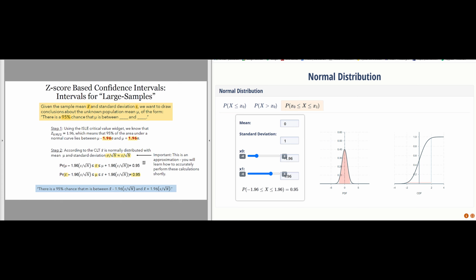But for the moment, just to follow through the whole process of computing confidence intervals, we're going to pretend that we can use the sample standard deviation as an approximation of the population standard deviation. And so this justifies us in concluding that there's a 95% chance that mu, the population mean, is within 1.96 standard deviations of the sample mean.